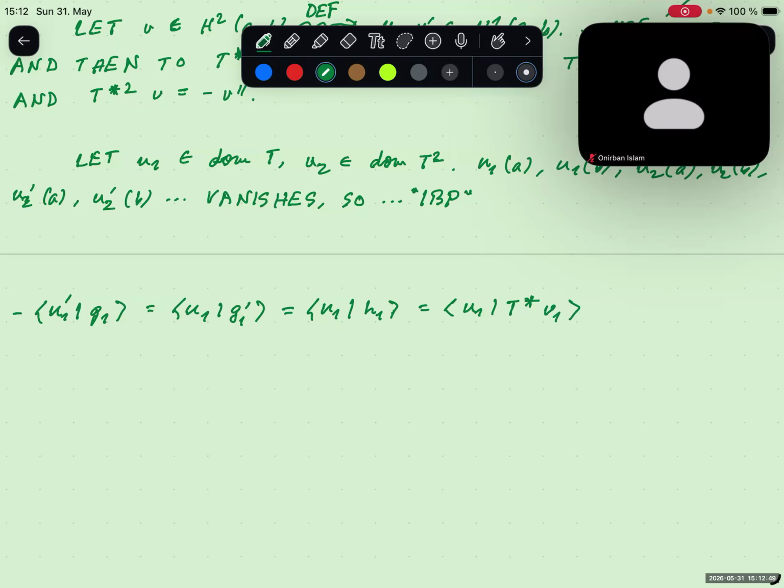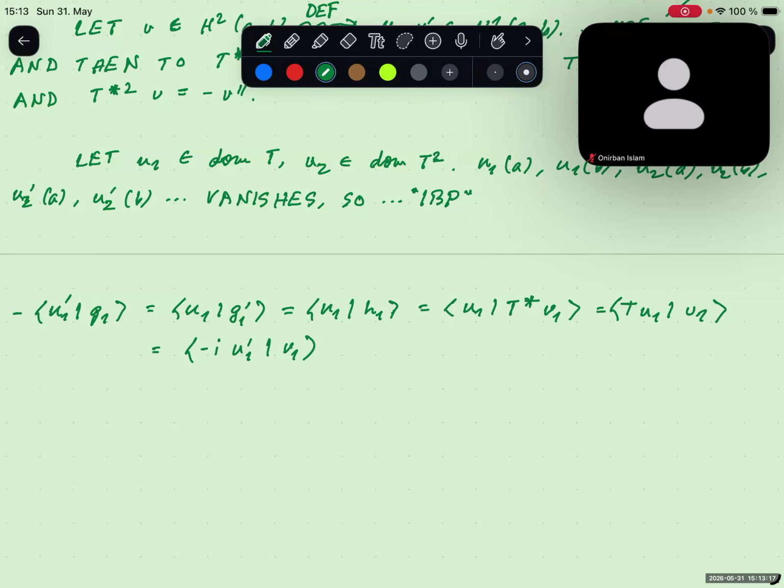And now we take it the other way around. So T u1 with v1, and this equals minus i u1 prime with v1.